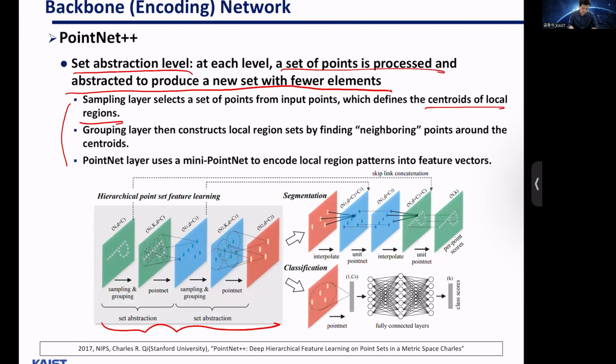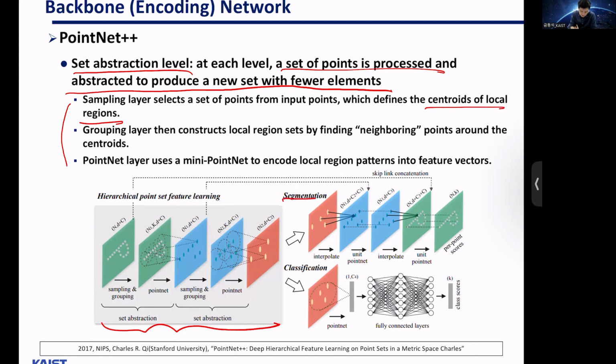But then you also have this hierarchy and set abstraction to provide hierarchical feature extraction functionality, so that you can have both low-level features as well as high-level features for point cloud inputs.